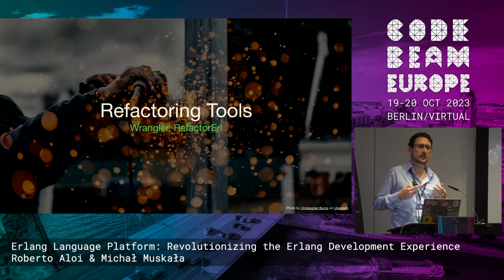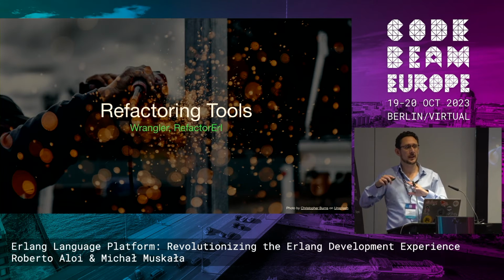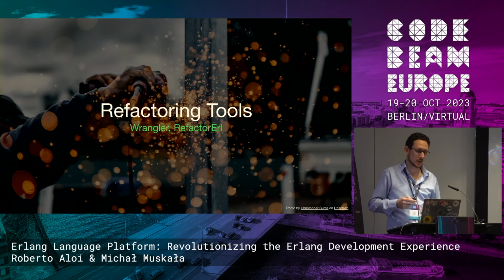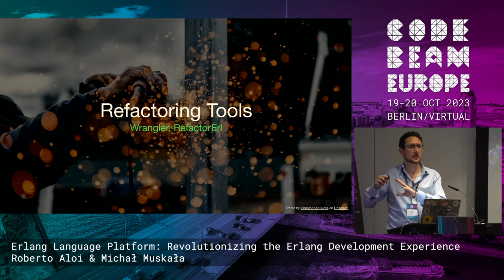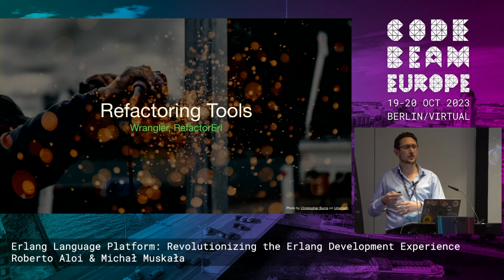But they usually come as a separate entity. You have to manually install them. Some of them are getting integrated with IDEs, which is great. But still, they have their own database, their own view of the code, their own understanding. So they do a lot of work that is already done by other tools.